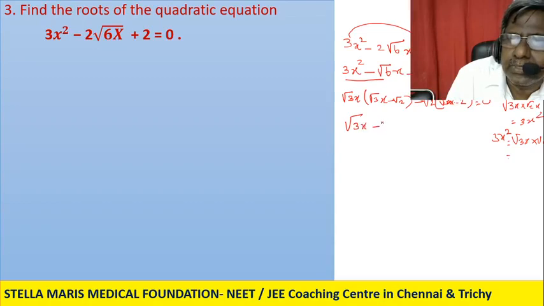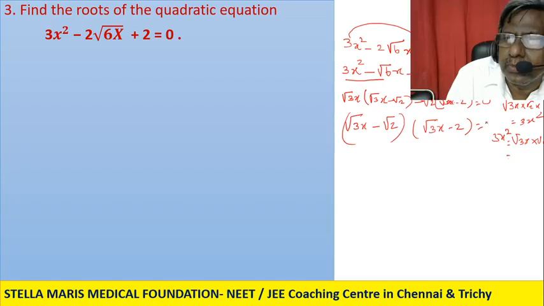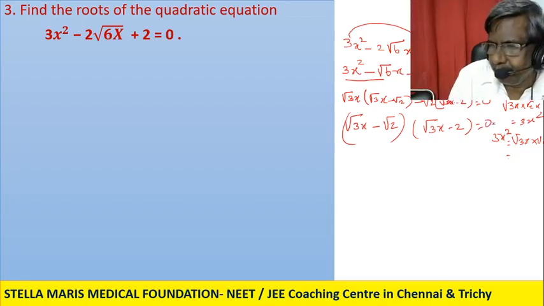So now it will be like this: root 3x minus root 2 into root 3x minus root 2 is equal to 0. Clear?